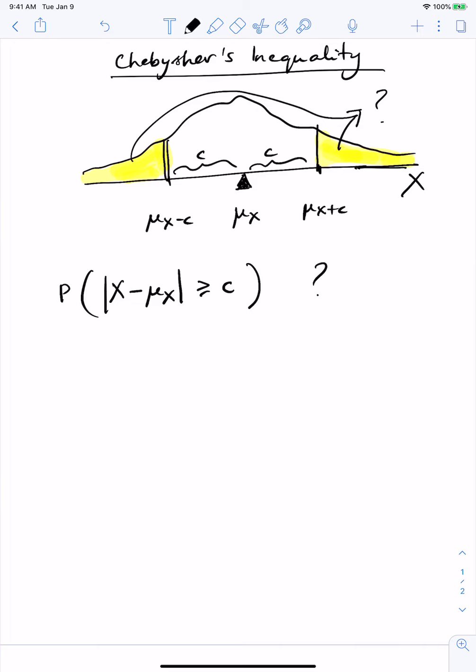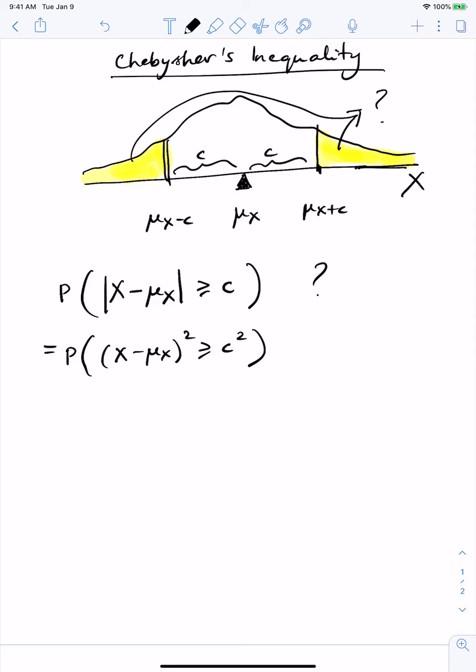And we note that since the absolute deviation is non-negative and c is non-negative, this event is exactly the same as saying that the squared deviation is at least c squared. And now that squared deviation is a non-negative random variable that we understand. So we are going to use Markov's inequality on that.